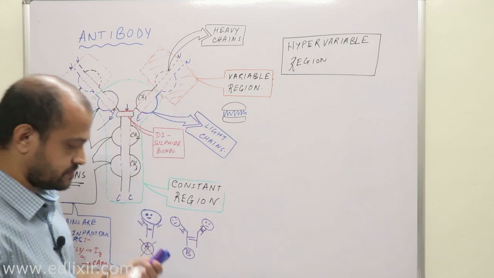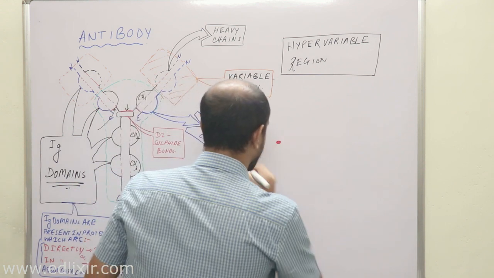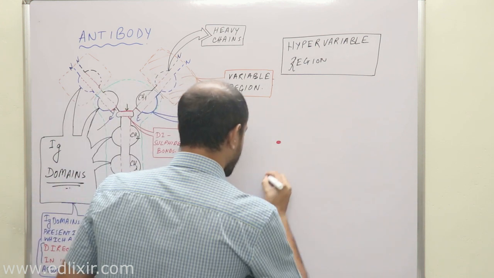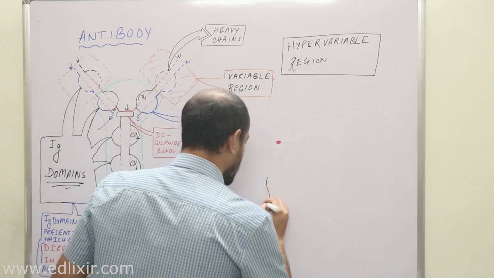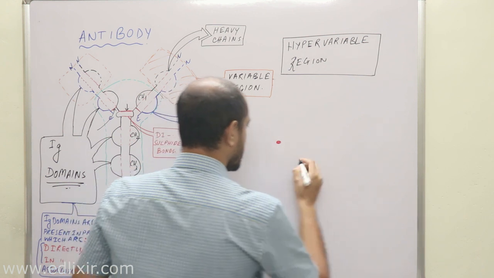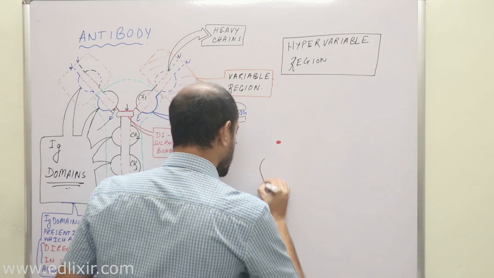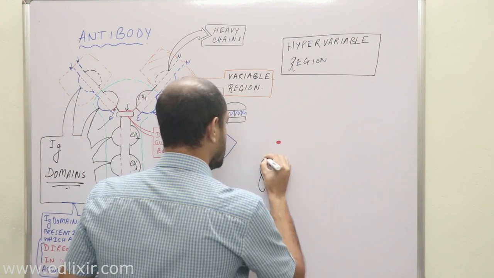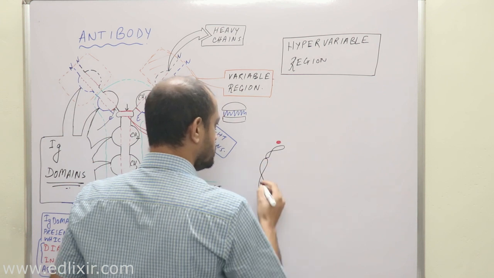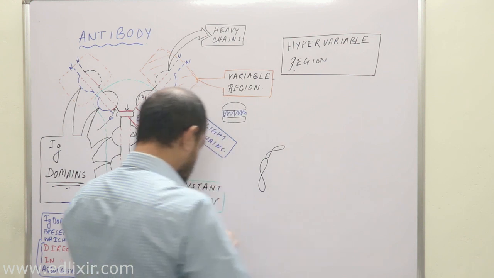Now listen, suppose this is your antibody and suppose this is your antigen. I am drawing the antigen in a peculiar manner, but you will understand why I am drawing like this. This is your heavy chain and this is your light chain.